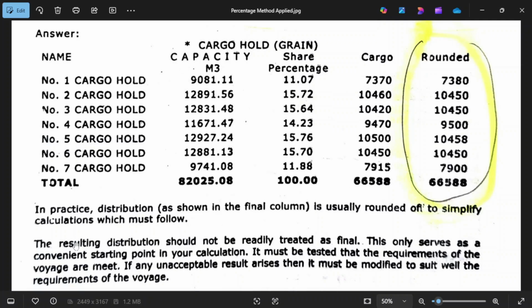In practice, this distribution as shown in the final column, meaning this one, already run up, is usually run up to simplify calculation, which must follow. The resulting distribution should not be readily treated as final, meaning you cannot use this as a final figure. I'll explain later.